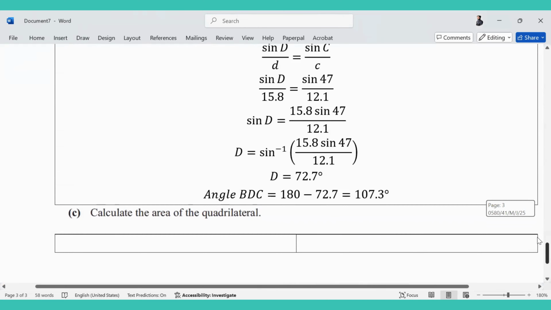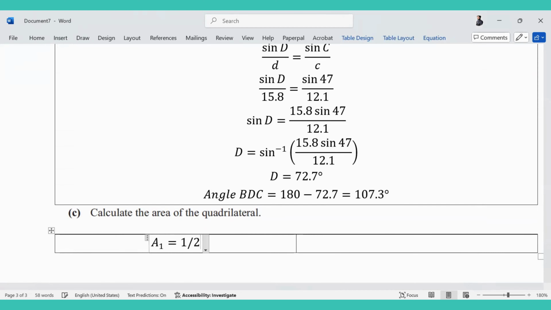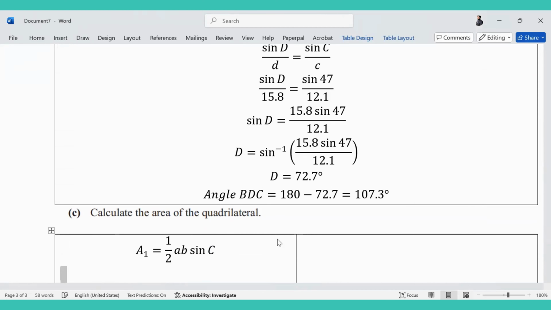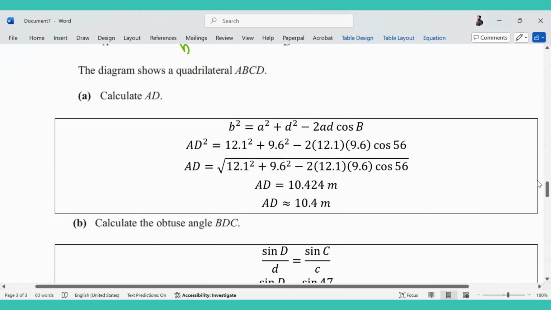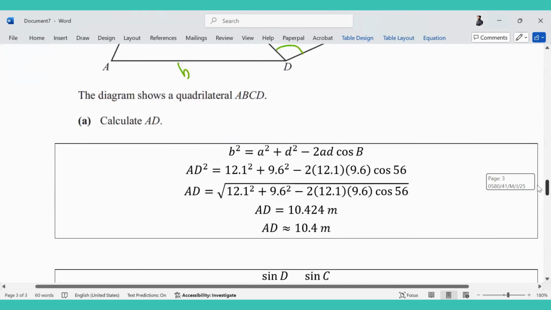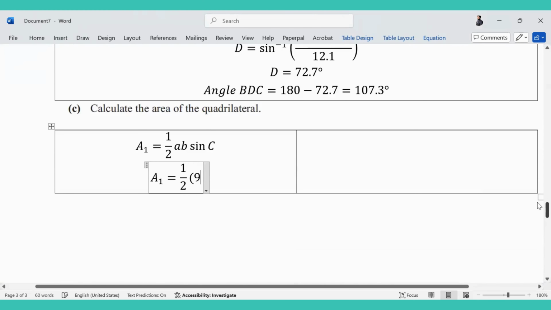So area 1, let me call for the first triangle, which is easy. I'm calling it area 1, half ab sine C. Area 1 half. Now, one of the lengths is 9.6, the other is 12.1. 9.6 into 12.1 into sine 56.